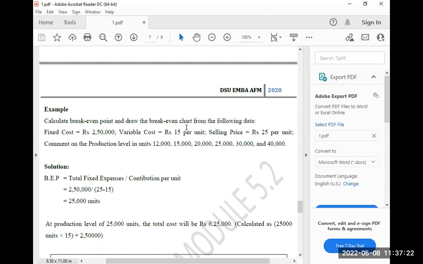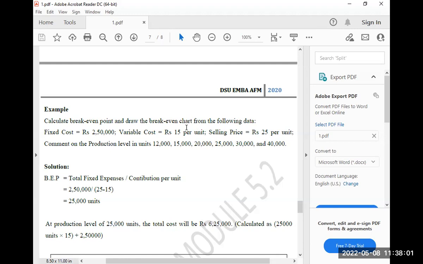Otherwise, what can we do? We already have the number of units of break-even point. We know the selling price of 1 unit. If we multiply these two, we'll get it. Next line, alternatively, break-even point in rupees is equal to break-even point in units multiplied by selling price per unit.